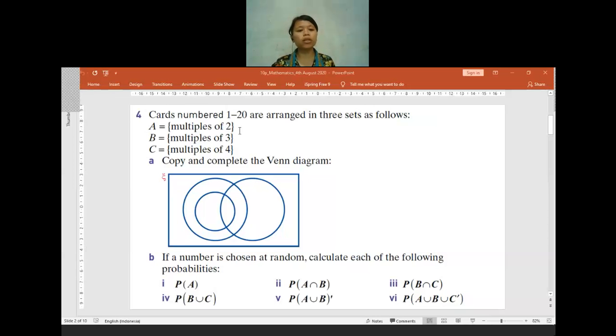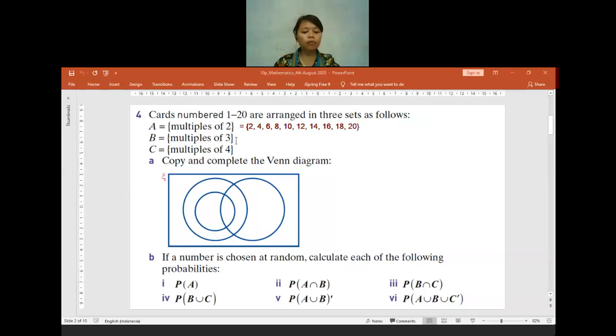What members are there? 2, 4, 6, 8, 10, 12, 14, 16, 18, and done. Or is 20 also included? Yes, 20 is included. So here are the members of A.